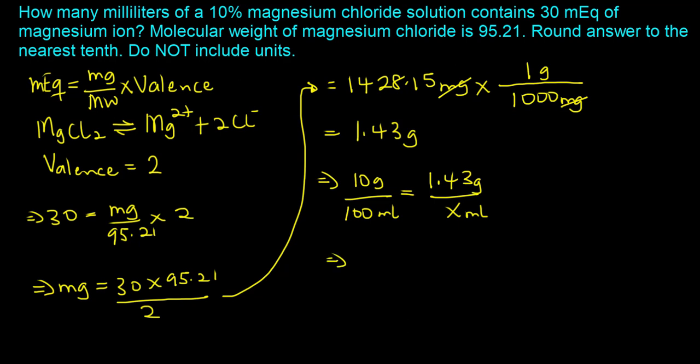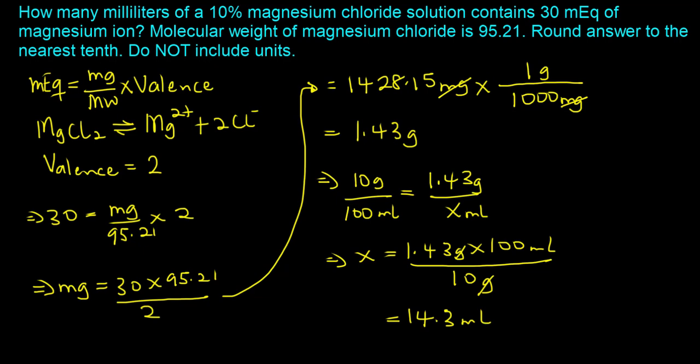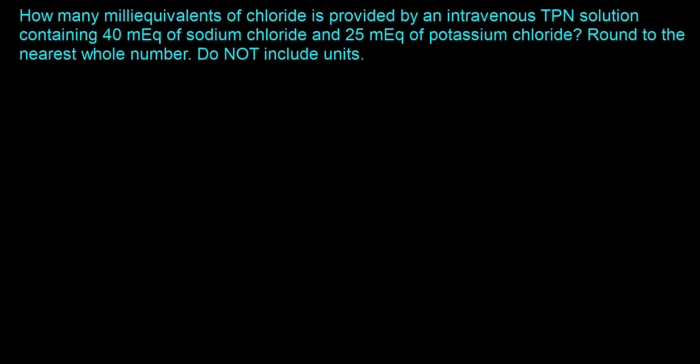So we can go ahead and solve for X, and X equals 1.43 grams times 100 milliliters divided by 10 grams. And so the grams cancel out, and that gives us 14.3 milliliters.